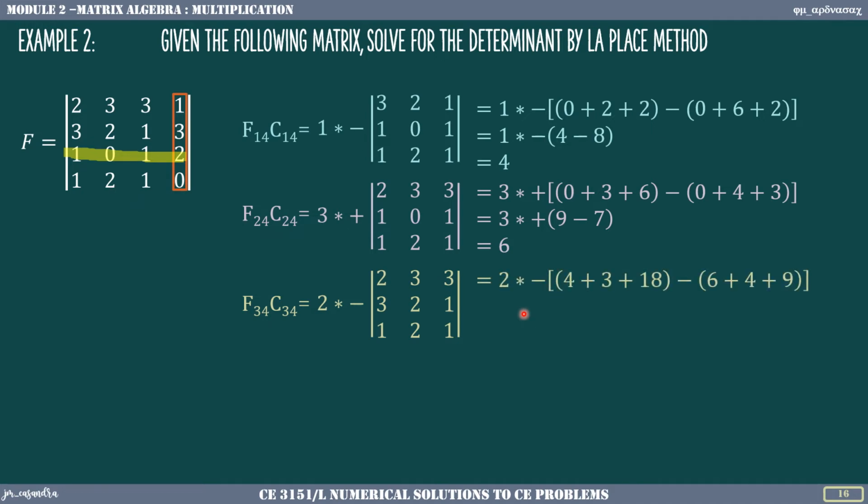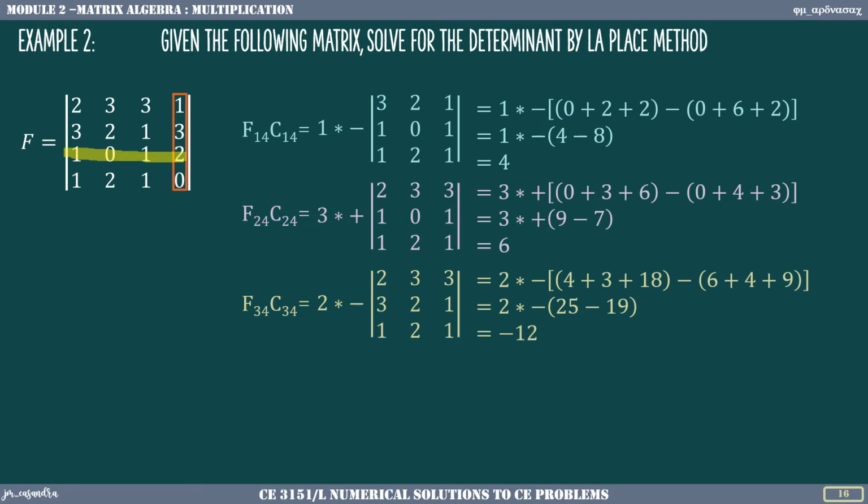Simplifying, we'll get 2 times negative 4 plus 3 plus 18 minus 6, 4, 9. That is equal now to 2 times negative 25 minus 19, which is equal to negative 12.